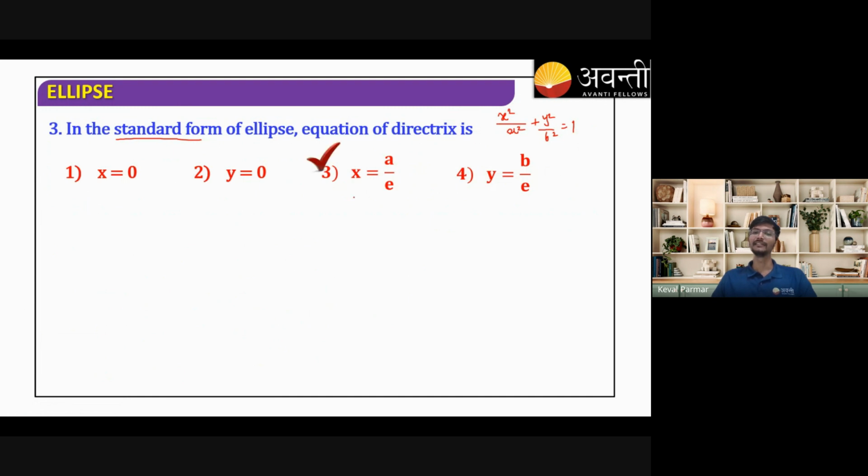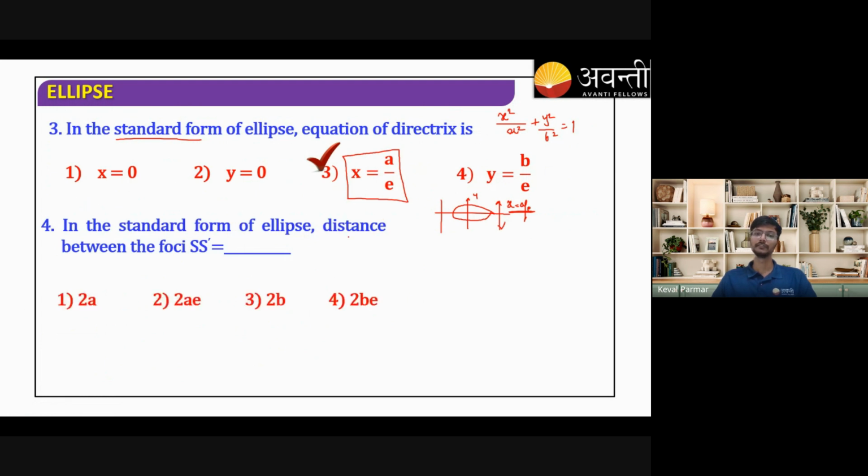It is x equals a by e. Do you remember the diagram? This was the ellipse, this is the latus rectum, this is the latus rectum. Its equation was x equals a by e. It is parallel to the y-axis. That's why its equation looks like x equals a by e.